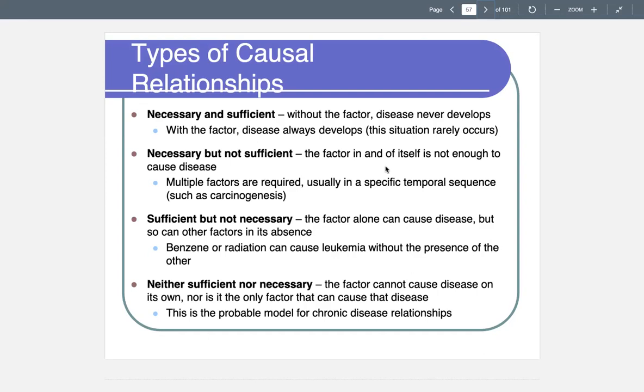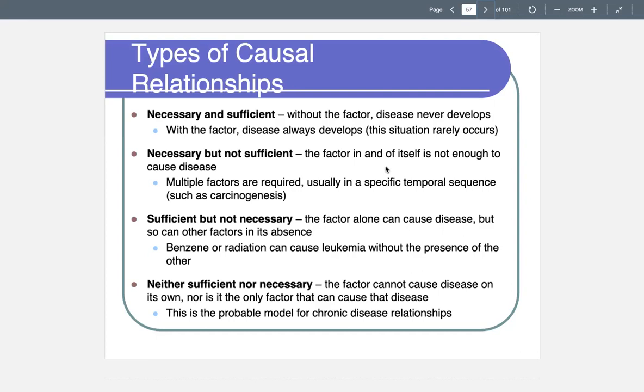Okay, necessary but not sufficient, no, the factor in and of itself is not enough to cause disease. Okay, ibig sabihin nga class, okay, na kung yung organisms na yon present in your body, okay, tapos okay yung immune system, mai-inhibit niya agad yung harmful effect ng foreign bodies na yon na pumasok sa katawan. Okay, necessary but not sufficient to cause a disease.